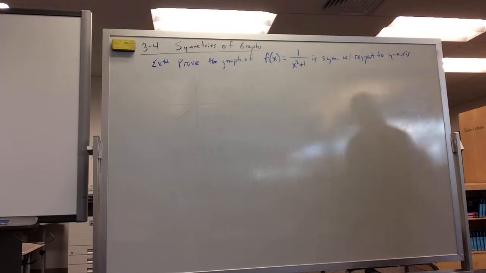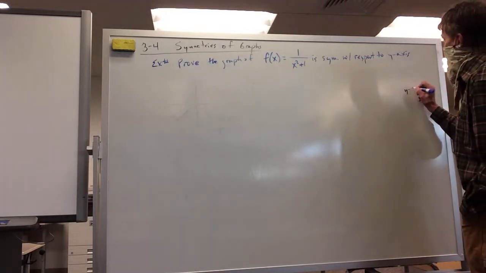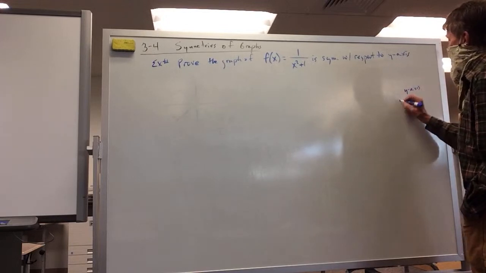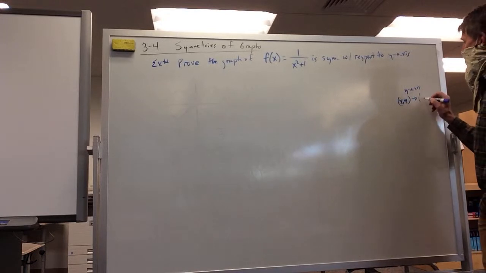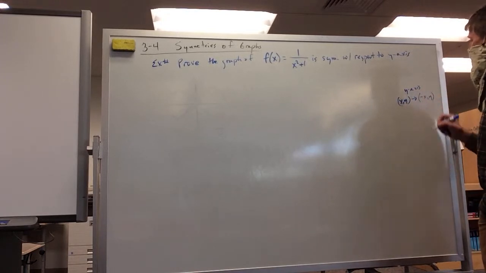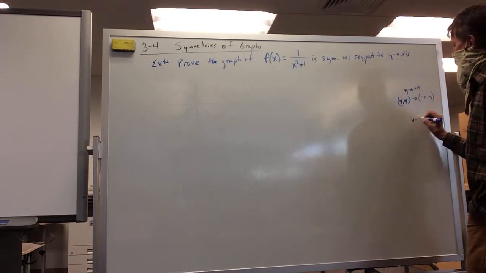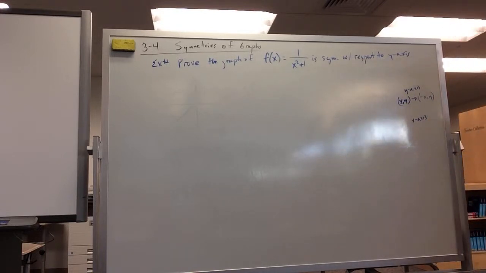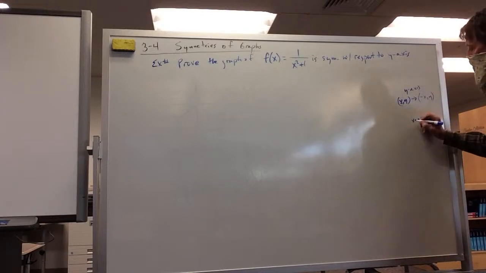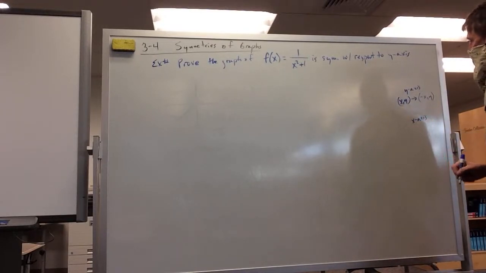Okay, so when we go over the y-axis, what happens to x, y? It maps onto negative x, y. When we go over the x-axis, you guys should be writing some of this down, because this stuff you're going to want to be able to refer back to.